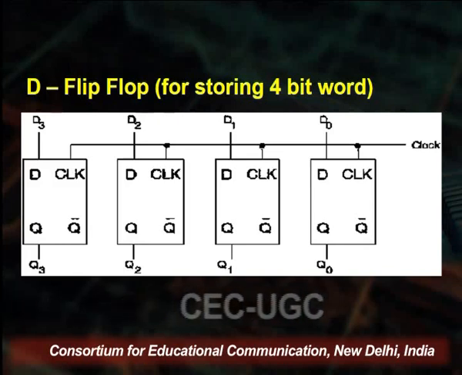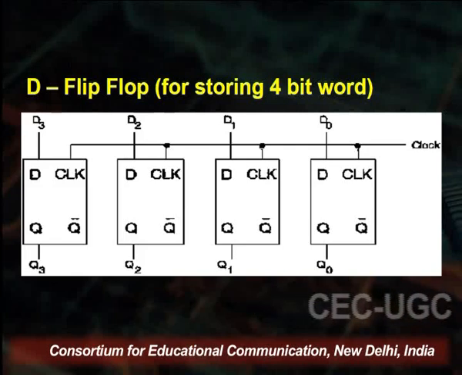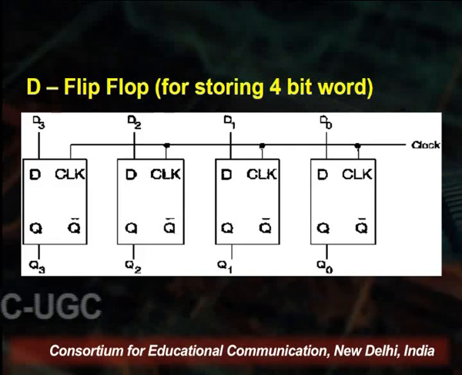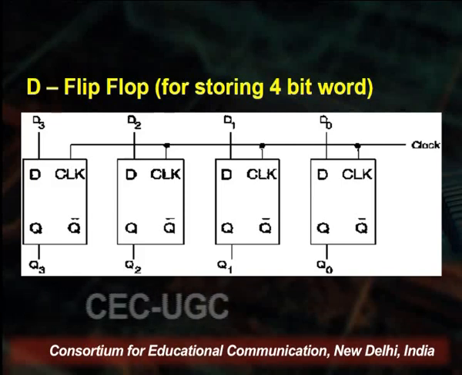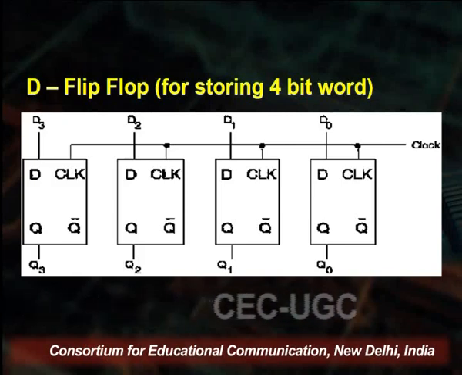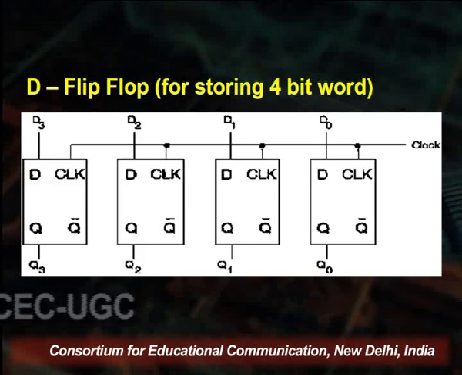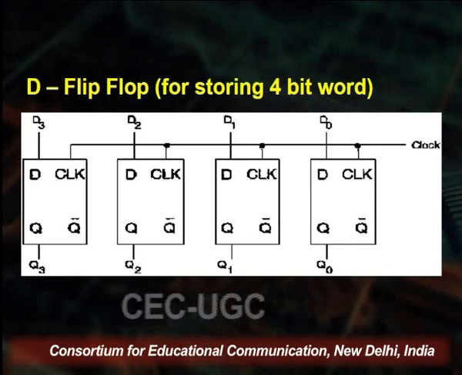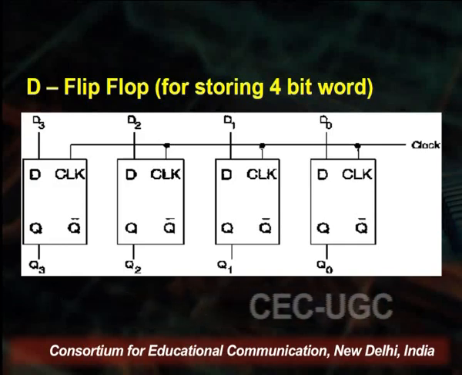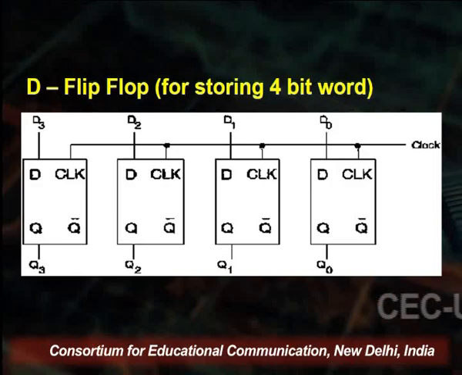Suppose we want to input 1010, that is D3, D2, D1 and D0 equal to 1010. Then as soon as the input is available at the D inputs of all the 4 flip-flops, we make the clock go high.